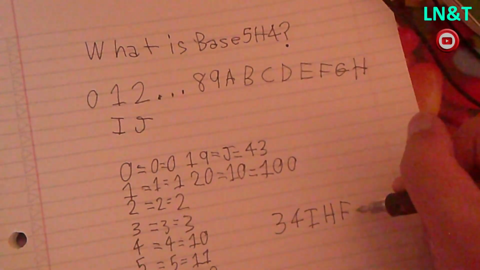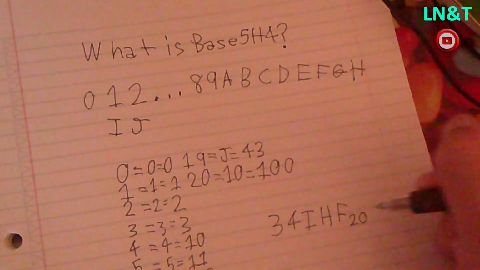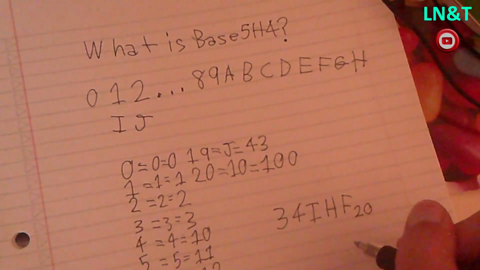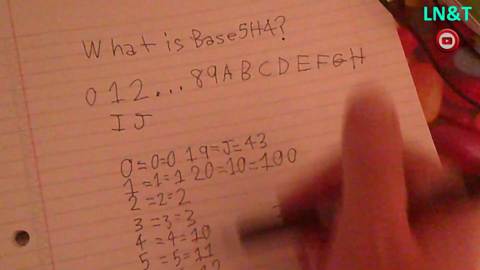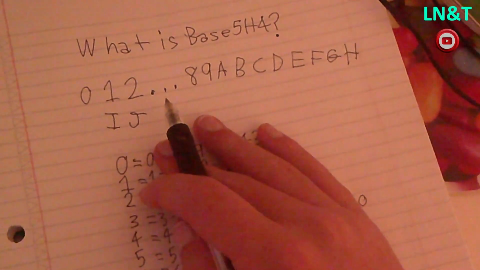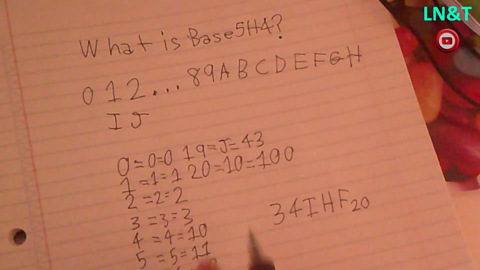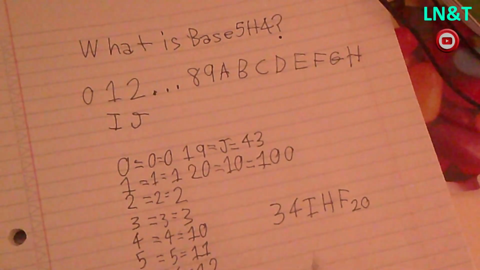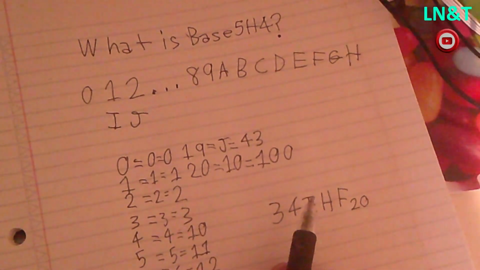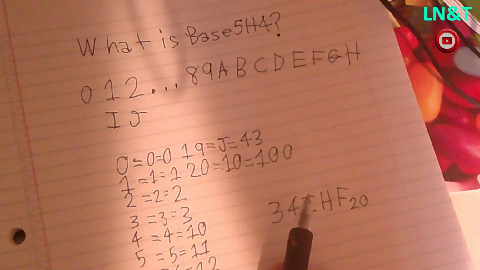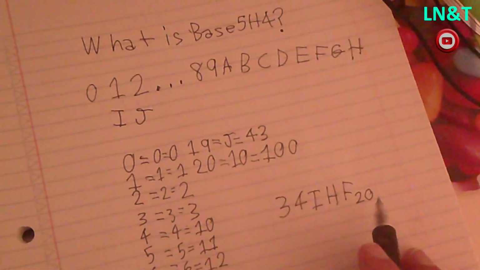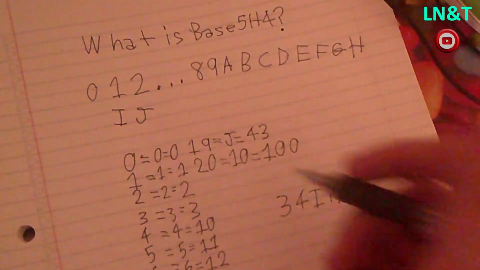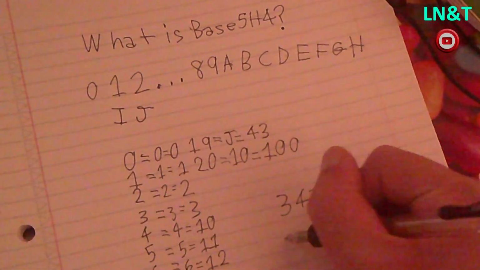And let's put the subscript of 20 so we know that's in base 20. Now to convert this to base 5H4, again we go through our list here. On the very right, not the middle, but the very right, is the base 5H4 value. So therefore 3, 4, IHF.